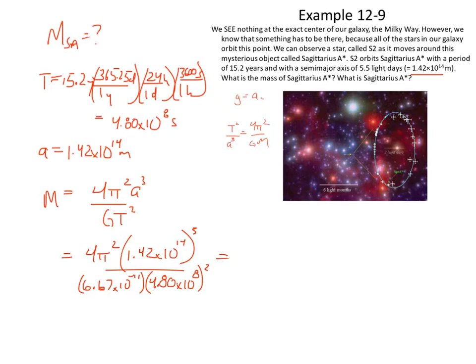So 4 pi squared times the quantity 1.42 e to the 14th, cubed, divided by 6.67 e negative 11 times the quantity 4.80 times 10 to the 8th, squared. And I think I have all my parentheses closed.